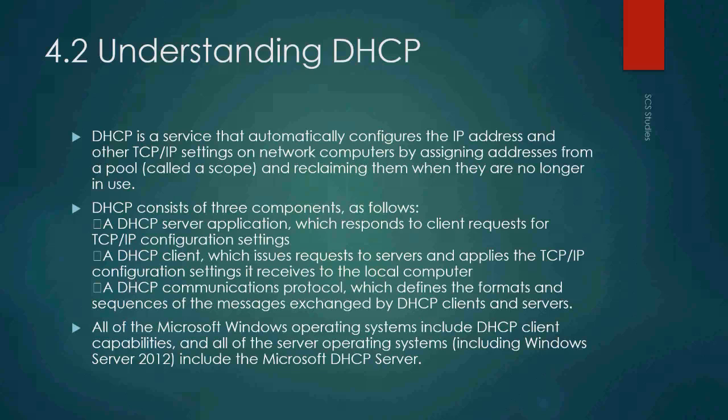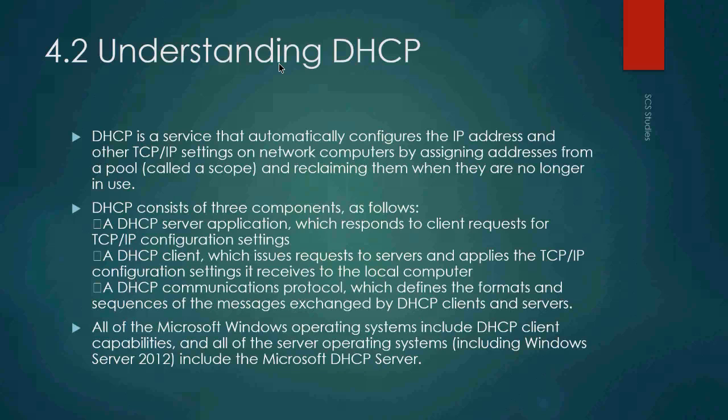If you think about a small environment with 20 or 30 machines available in a network, if you want to configure the IP address, you have two options. Either you configure the IP address manually or you use DHCP.